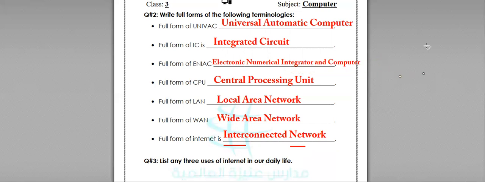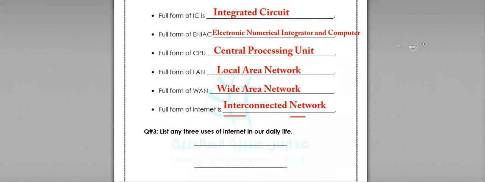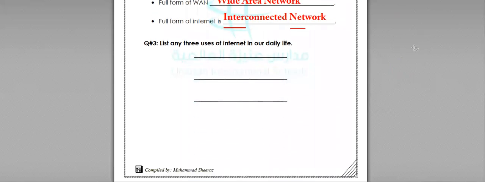Now, list any three uses of internet in our daily life. We use it for thousands of purposes, but here we just have to mention only three. The easiest one is buying things online, or we can say online shopping. What else can we do?